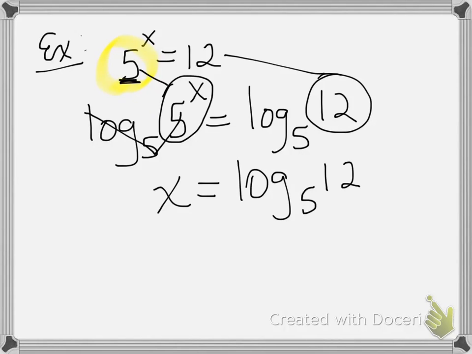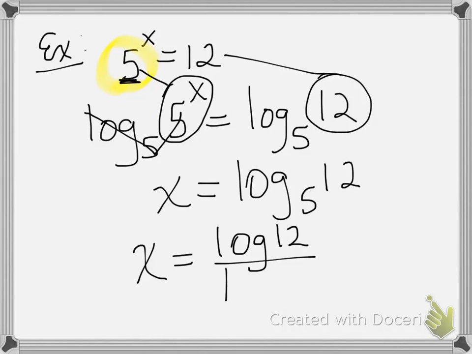Now, how do you put this into your calculator? We have a special formula called the change of base formula. You don't need to know that, but that's what I'm using. You rewrite log base 5 of 12 as log 12 divided by log 5. Log 12 divided by log 5 can go into your calculator exactly like that.